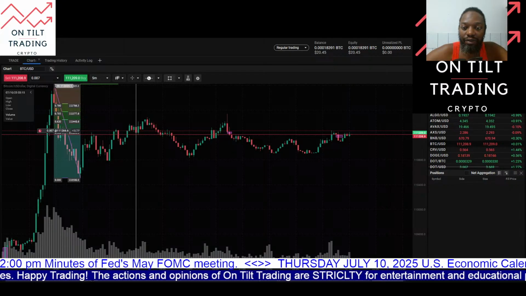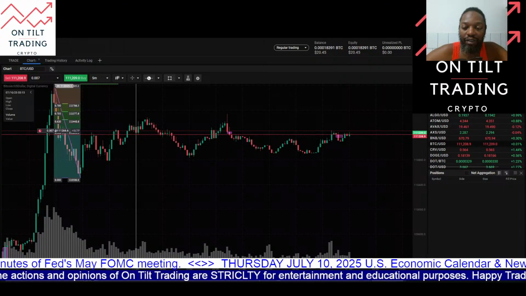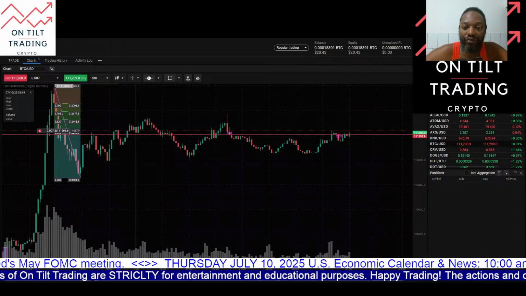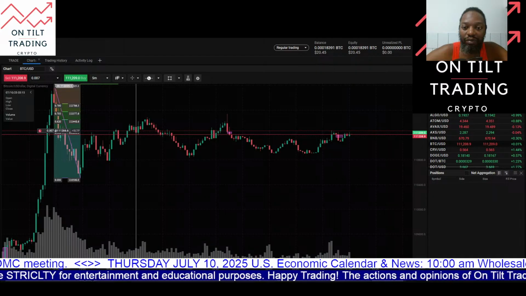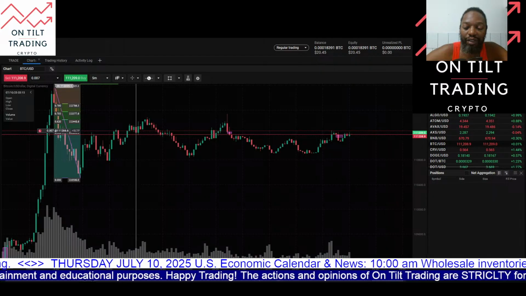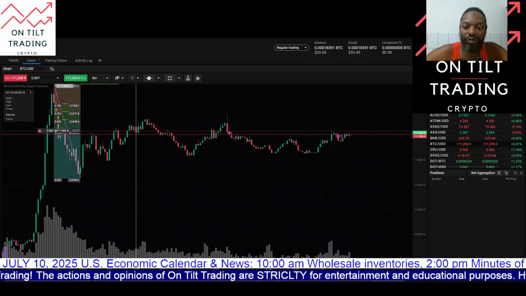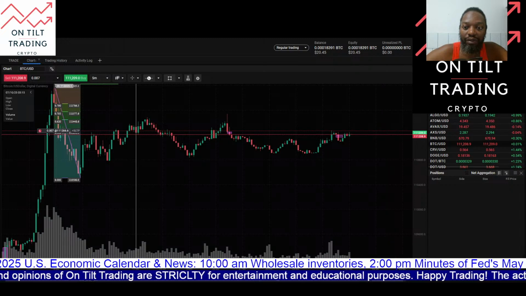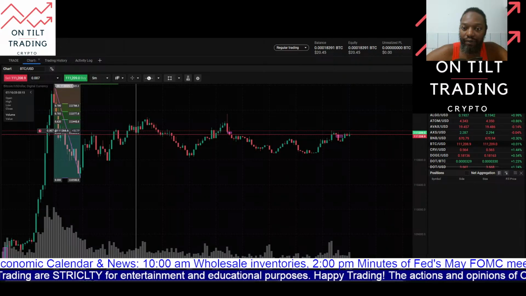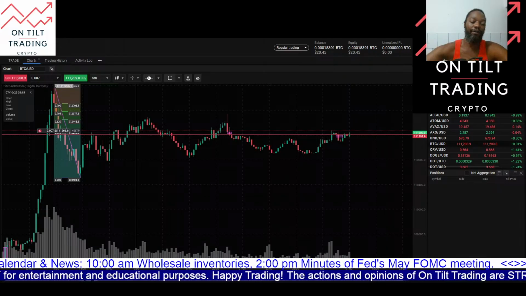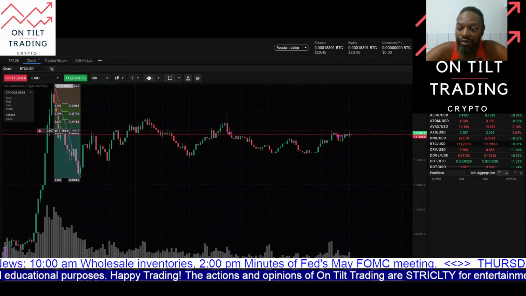So curious to see if price does redeliver back here to the equilibrium, if price will tap into these order blocks and sweep anything out here, or sweep out any positions.